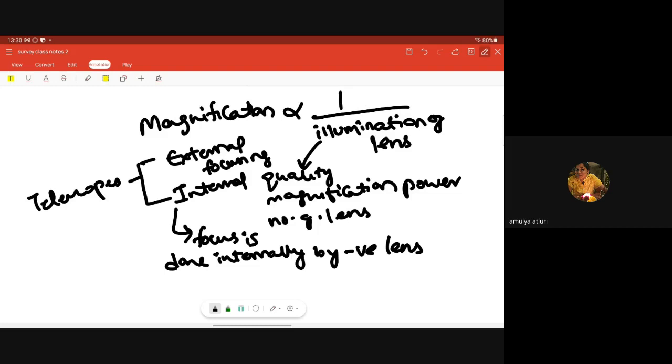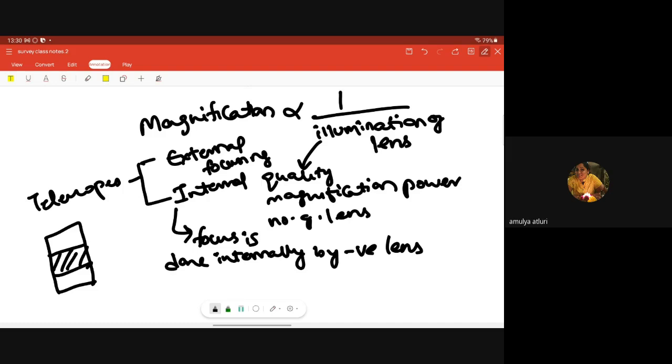Next, what is a leveling staff? You can see it here.